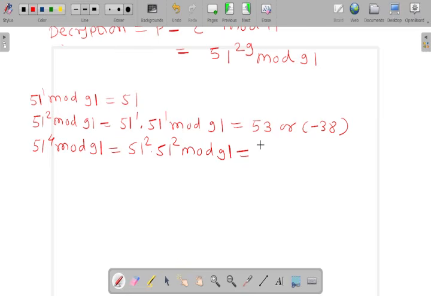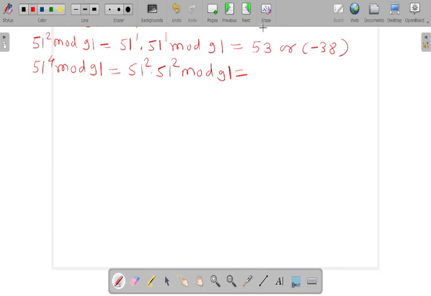So you can calculate it as mod 91. So now I am putting these values into my formula and I will get the value 79 by using a calculator, or minus 12.